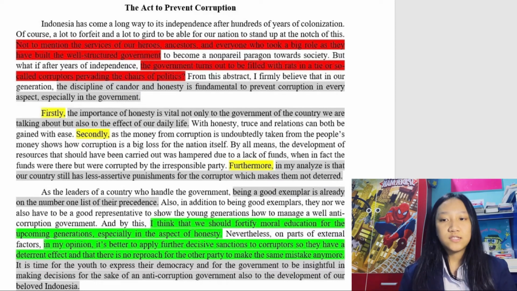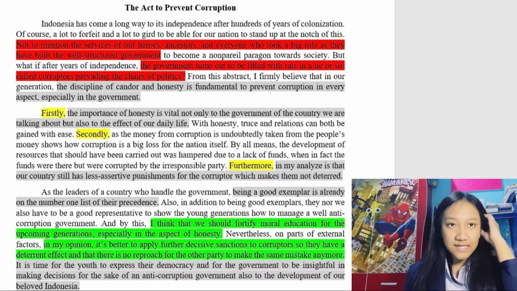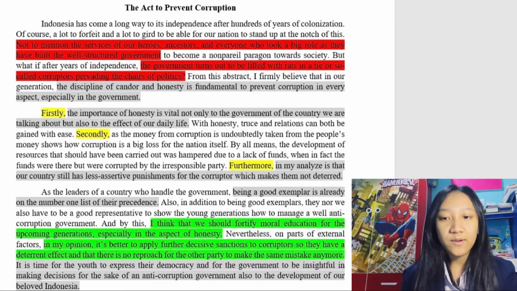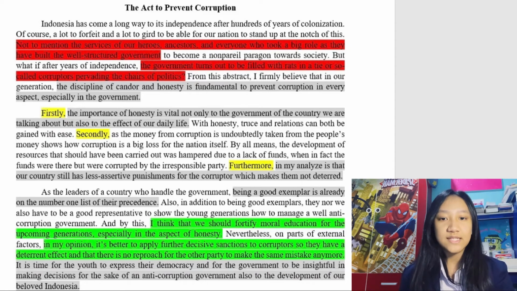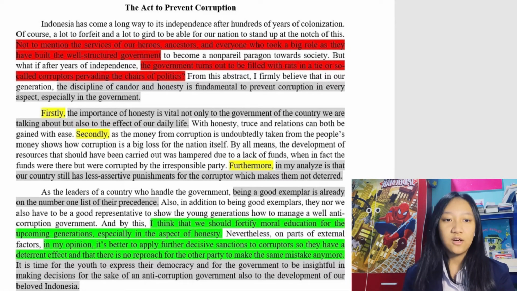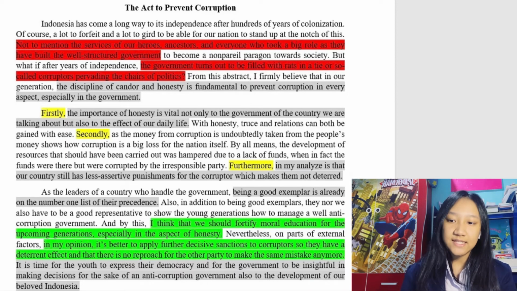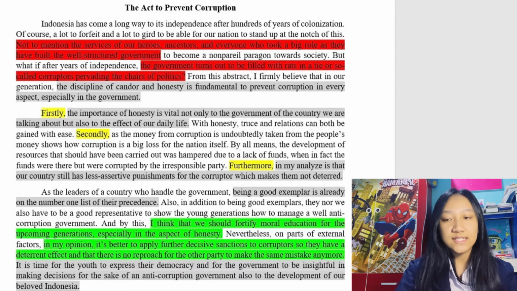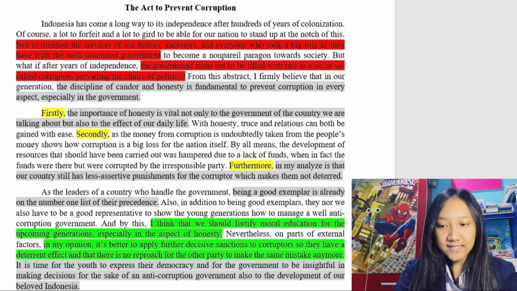The well-structured government, using past participle, and the sentences, the government turns out to be filled with rats in a tie, or so-called corruptors pervading the chairs of politics, also using past participle. The gray colored shows simple present tense. There are 5 sentences that use simple present tense in my text.